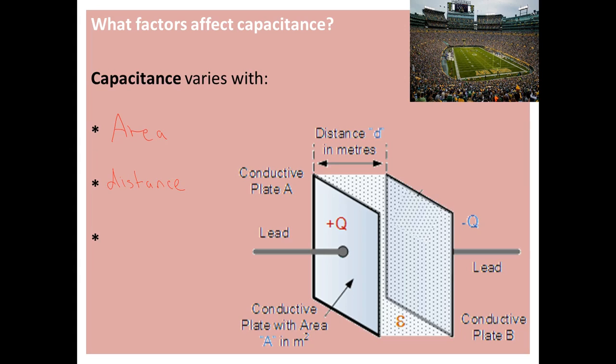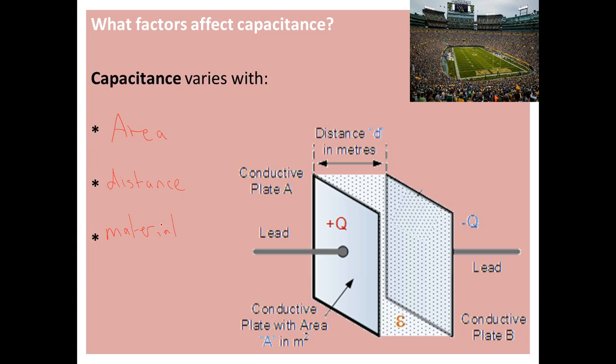Obviously, if those two plates are a long way apart, the buildup of charge on one plate is not going to influence the other plate a great deal. So the closer together we can get them, the more influence there is and the stronger that capacitor will be. And the third one is the material in between.